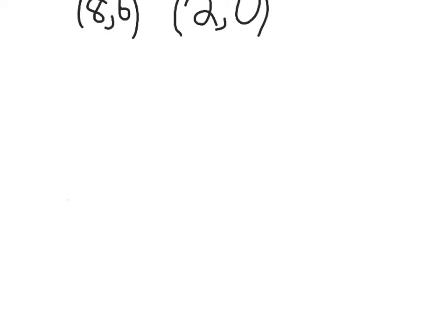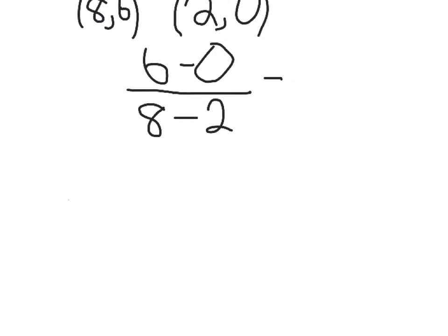So now you're going to do the slope formula, which is y2 minus y1 divided by x2 minus x1. So it's 6 minus 0 and 8 minus 2, which equals 6 over 6, which equals 1 over 1.